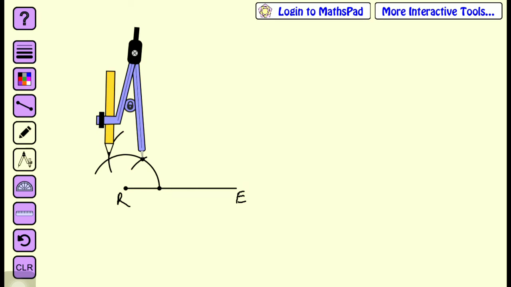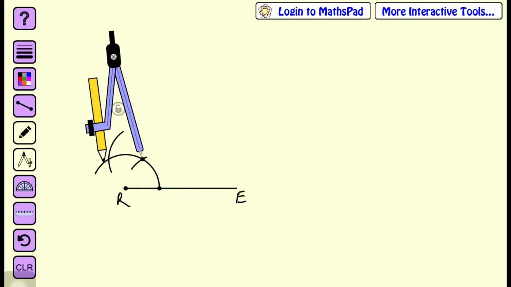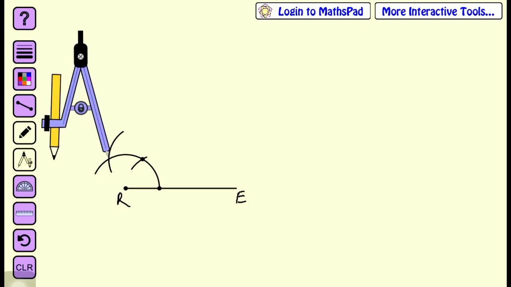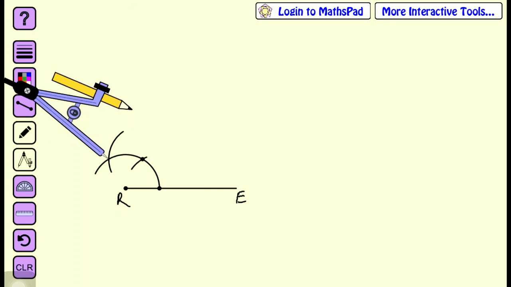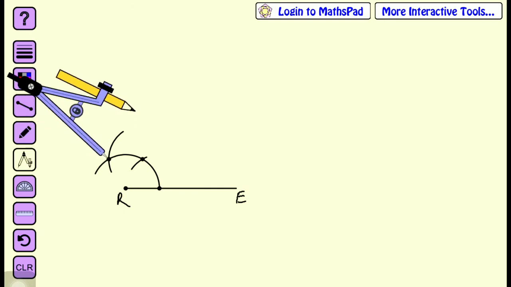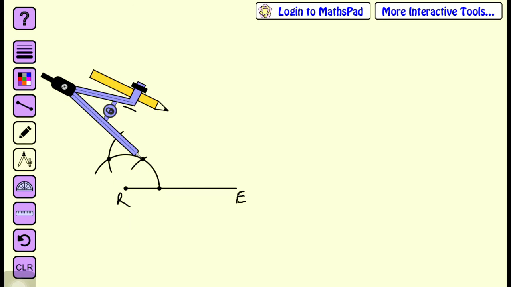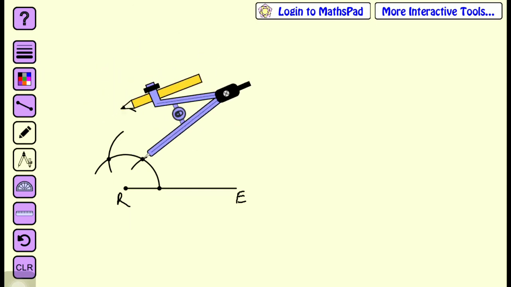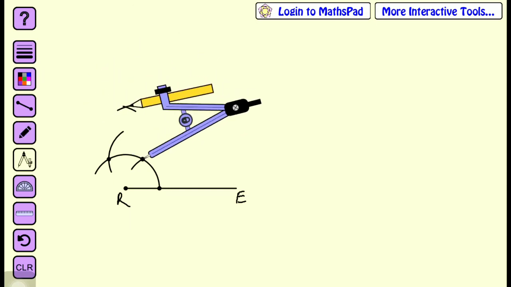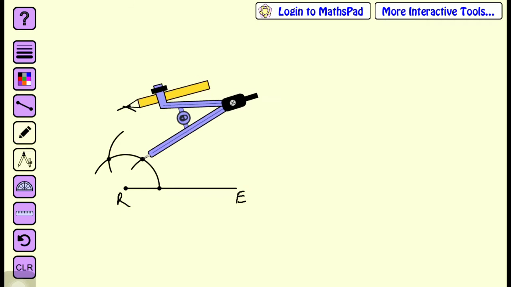Now what do we have to do? We have to adjust the radius a little bit. We have to place it over this point of intersection and then take another arc from this point, and from the other point of intersection also we have to construct another arc.